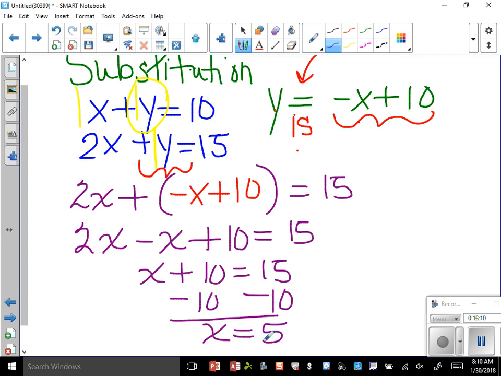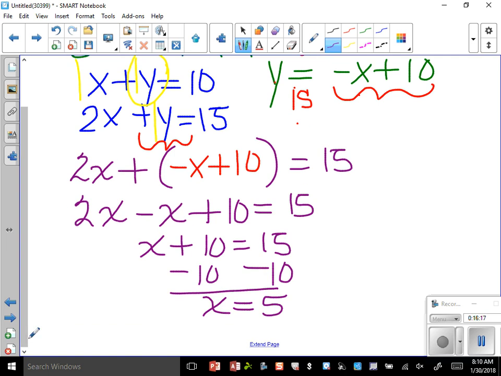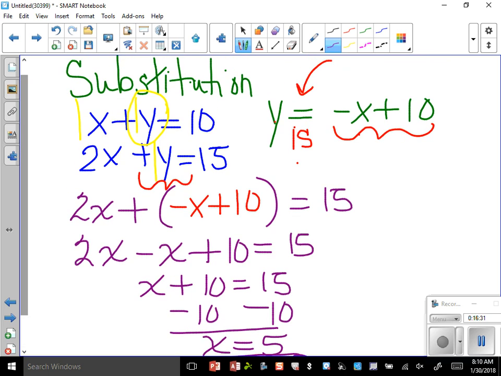So of course we need to have an x coordinate and a y coordinate. So now what I found out from this is that x is 5. Okay, that's what I'm getting from what I just solved. So now x is 5. Okay, so where do you think I'm going to substitute that into? I'm going all the way back to step 1. Remember I told you step 1 was very important, where I isolated y. Now I know the value of x. Okay, what is x again? x is 5.